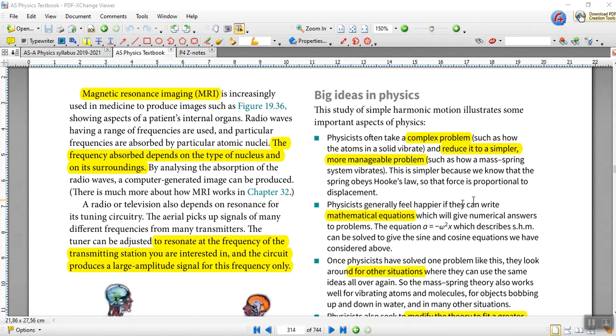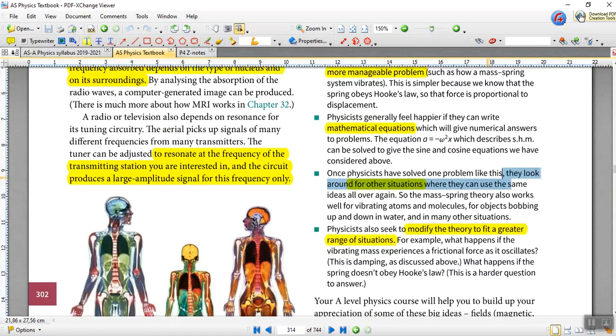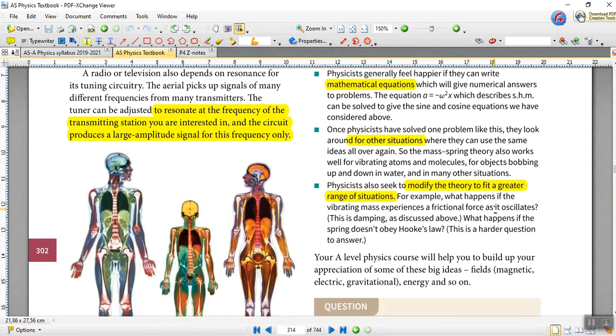They test this until they get a workable theory. Then, if they can get a formula for that, they feel much happier, and they use that to solve the problem. Once they've solved the problem, they take their solution to other similar problems, and they keep modifying their solution until it fits a wide range of problems.